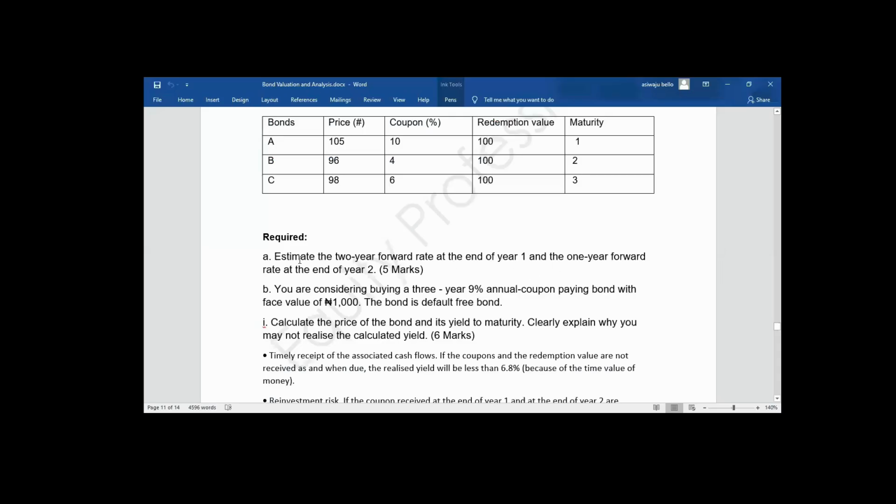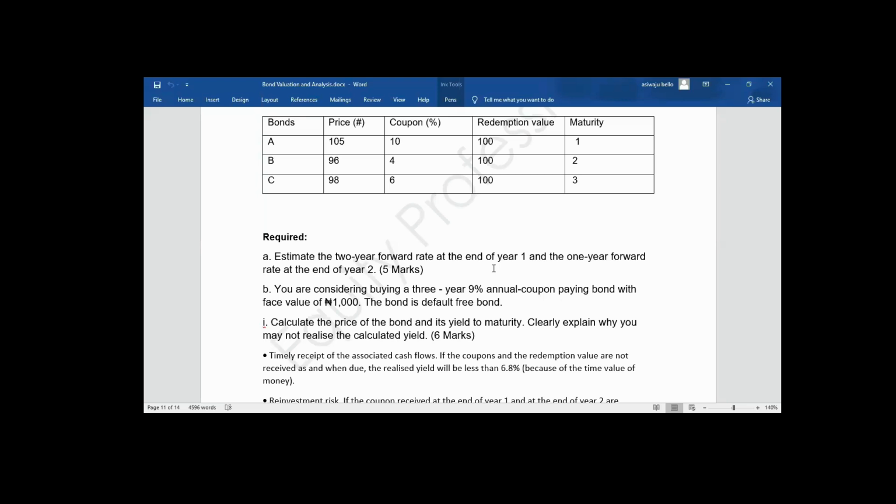And look at it, we have estimated the 2 years forward rate at the end of year 1. The 2 years forward rate at the end of year 1 is computed at 7.87. I will now come to the 1 year forward rate at the end of year 2.